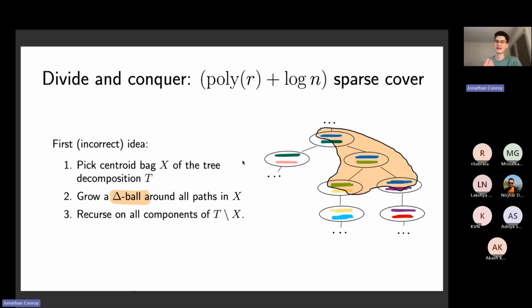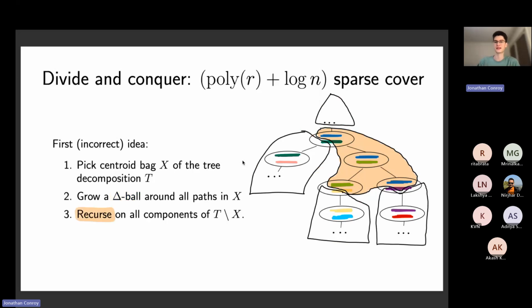Okay, so there's, let's say, O of r squared paths in this bag. So if we grow balls, we've added maybe O of r squared overlapping clusters to our sparse cover right now. And then after we do this, we recurse on all of the remaining components. So there's log n levels of this recursion.